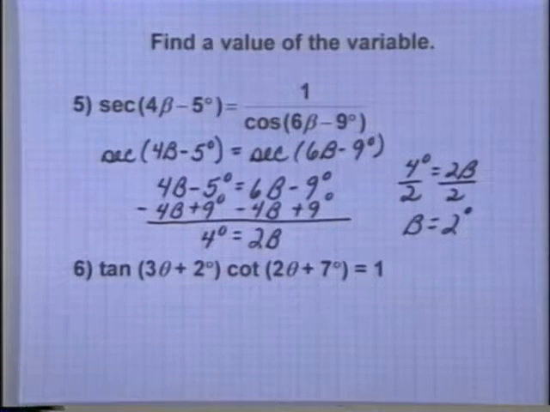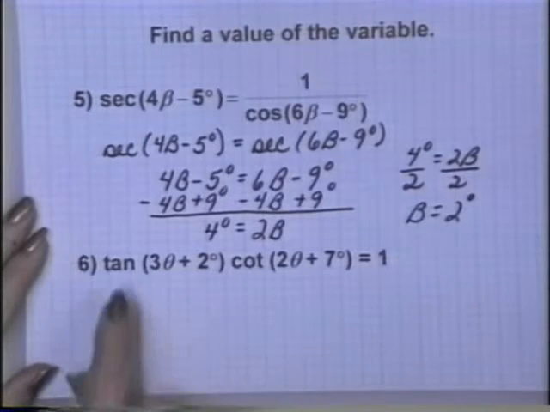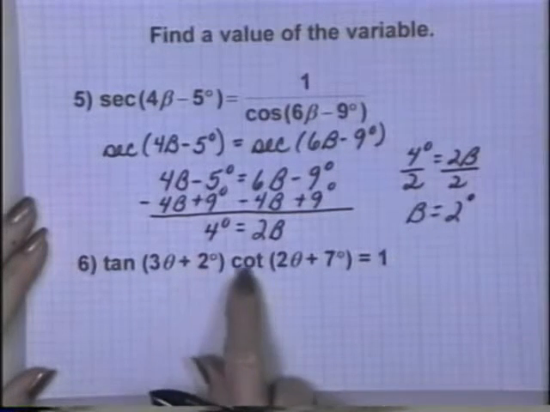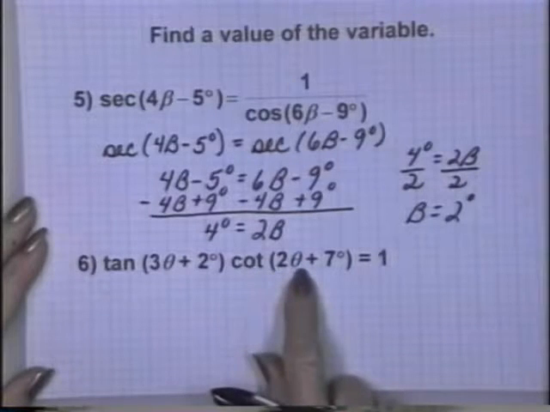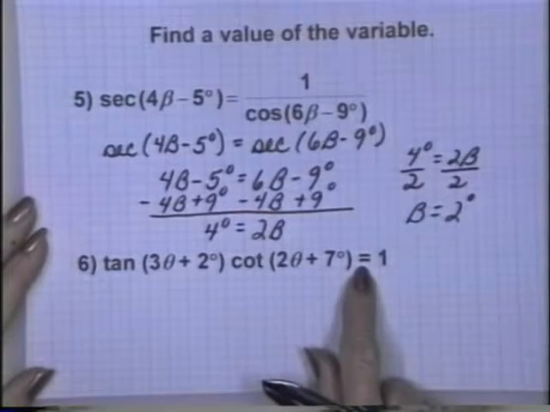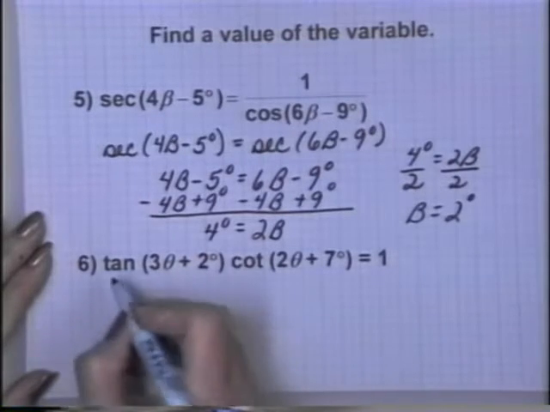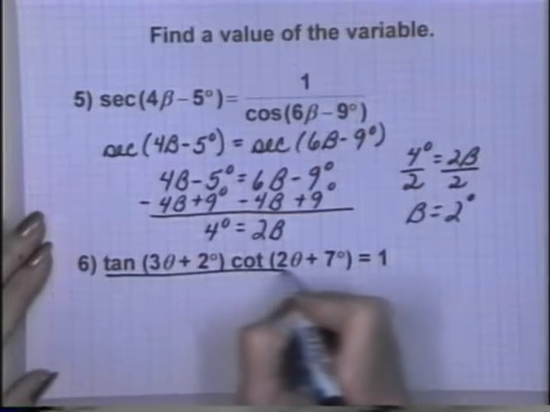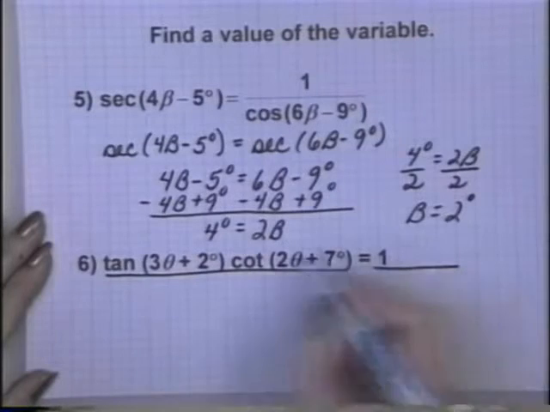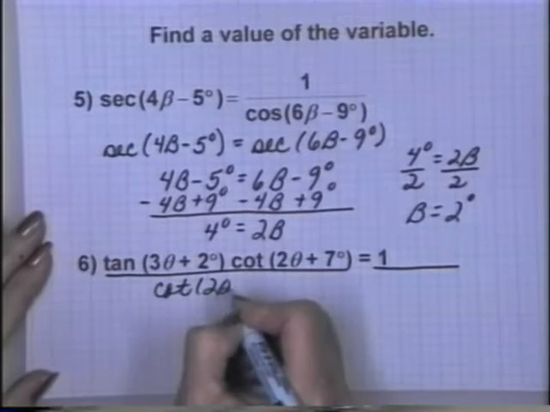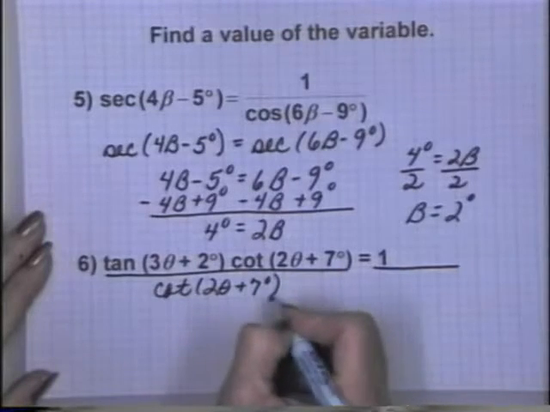On this last problem, we have the tangent of 3 theta plus 2 degrees times the cotangent of 2 theta plus 7 degrees equals 1. Well, what I'm going to do here is divide both sides of this equation by the cotangent of 2 theta plus 7 degrees.